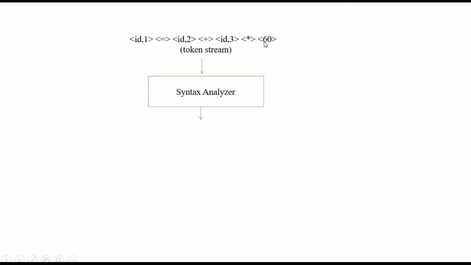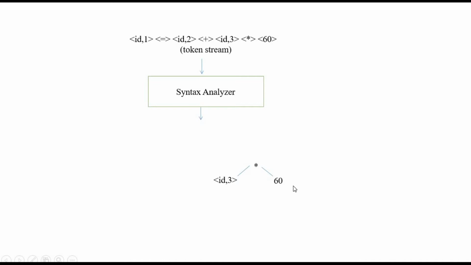Scanning of any expression is from left to right. So for generation of the syntax tree, first id 3 times 60 is executed. Multiplication of identifier 3 and 60 is executed first.